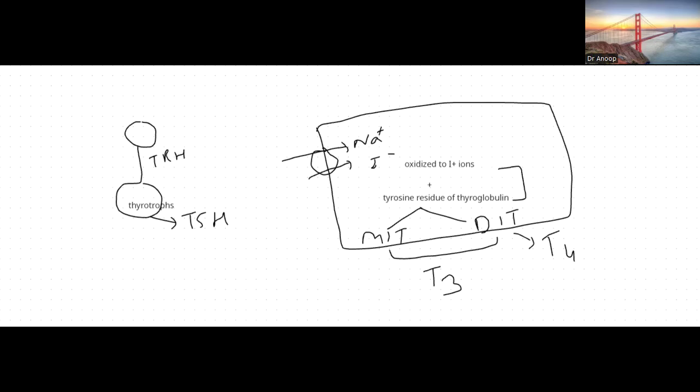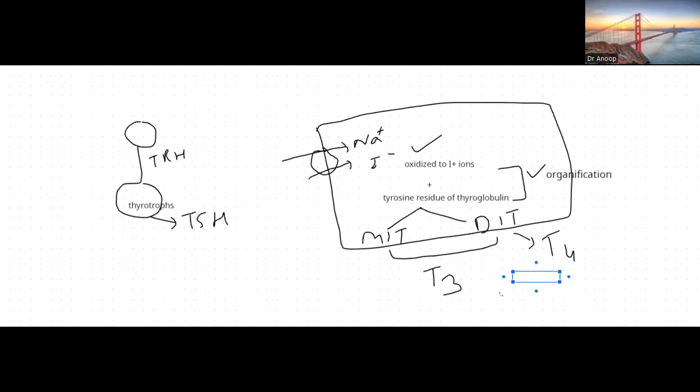This is the second step, where I positive ions combine with the tyrosine residue of thyroglobulin, that we call organification. And when MIT plus DIT or DIT plus DIT combine, these kinds of reactions we call coupling reactions.